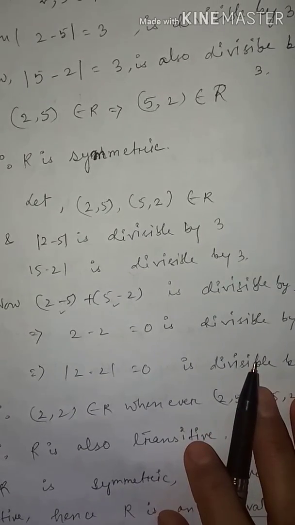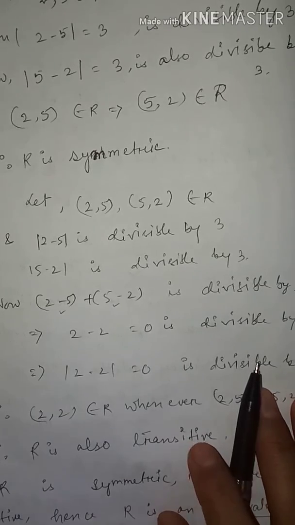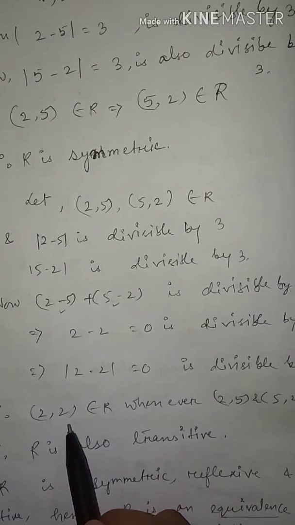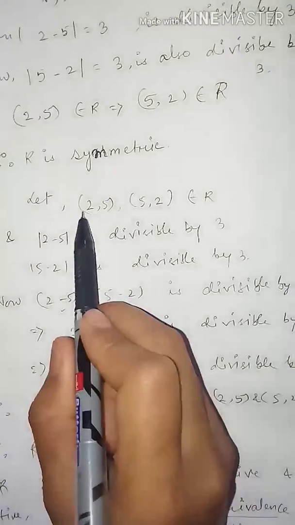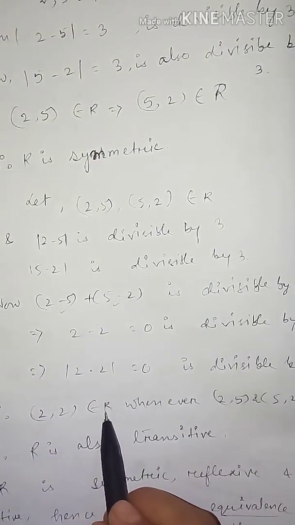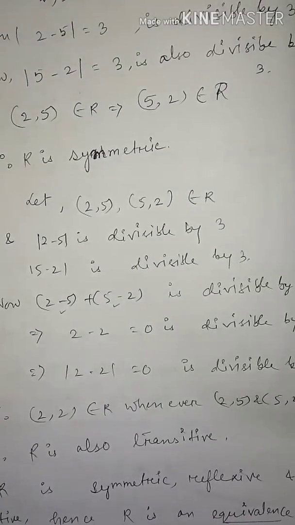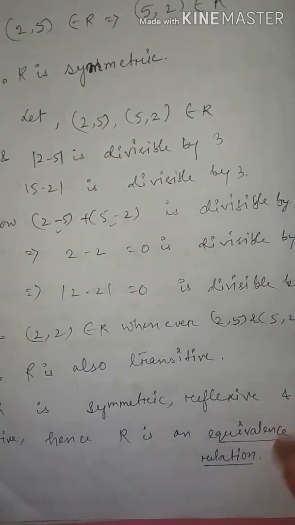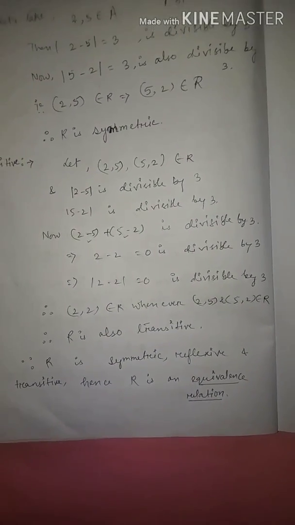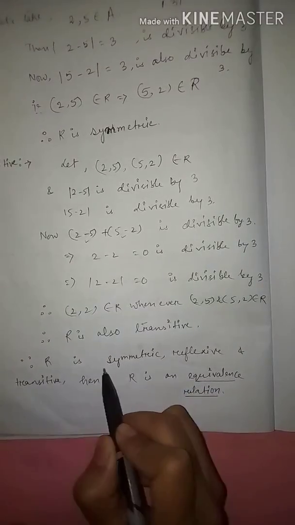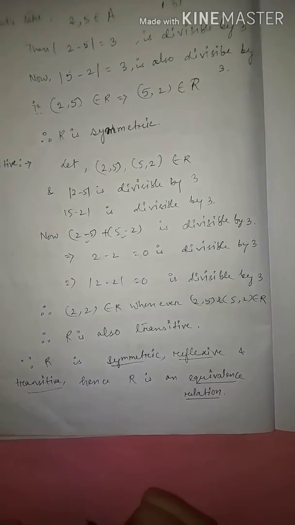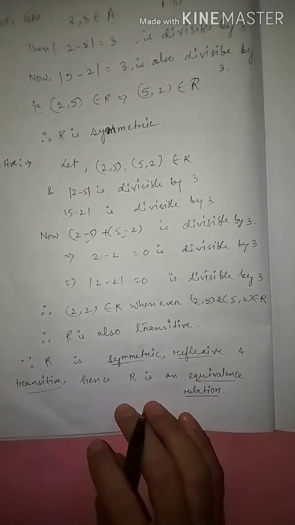Therefore, for taking two elements (2, 5) and (5, 2) belonging to the relation R, we get another element (2, 2) belonging to R. (2, 5) and (5, 2) implies (2, 2) belongs to R. Therefore, R is transitive. Since R is reflexive, symmetric and transitive, hence R is an equivalence relation. So this is also done.